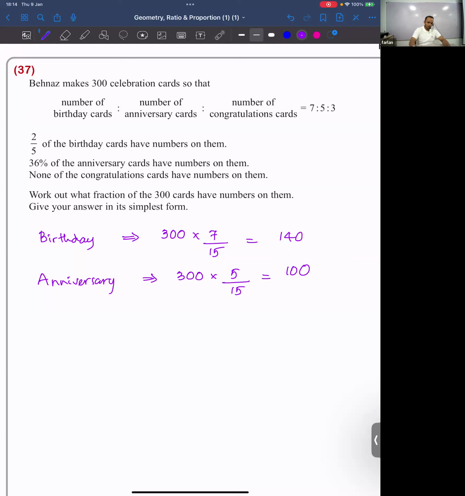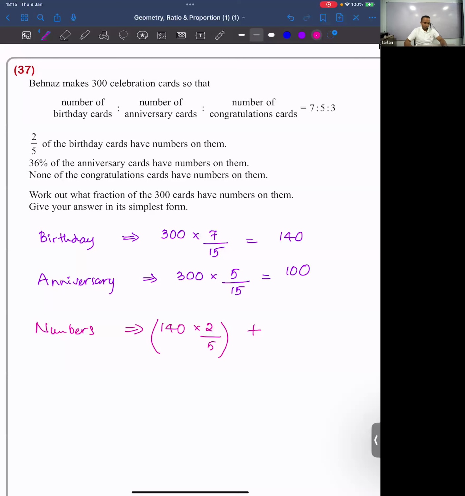Then they are talking about having numbers on these cards. They are telling us 2/5 of the birthday cards have numbers on them. Let's see how many cards have numbers. From the birthday cards, 140 into 2/5.